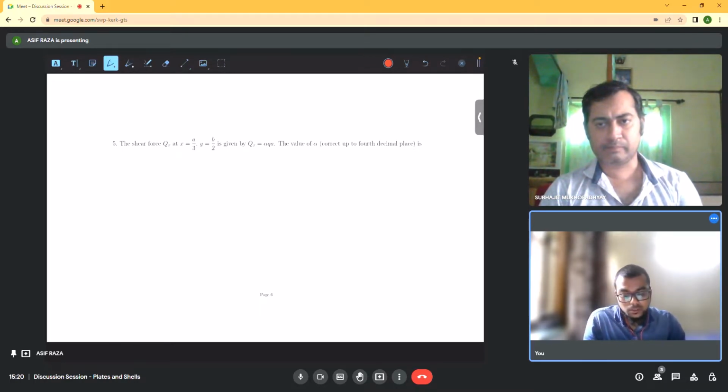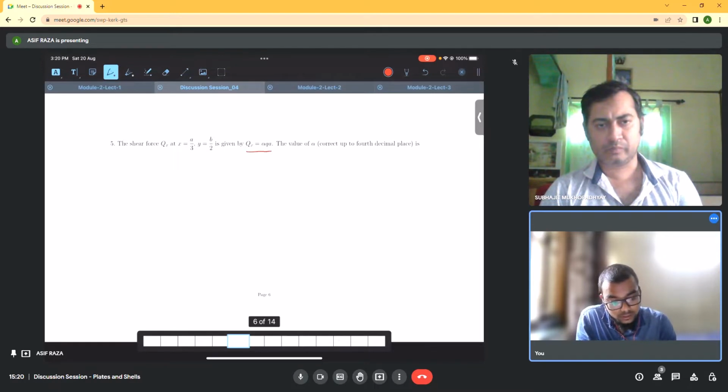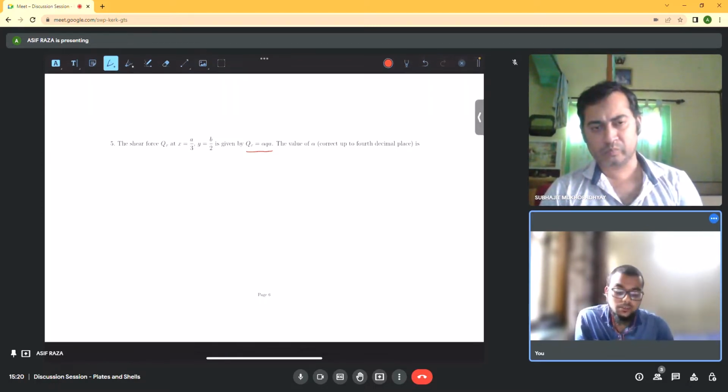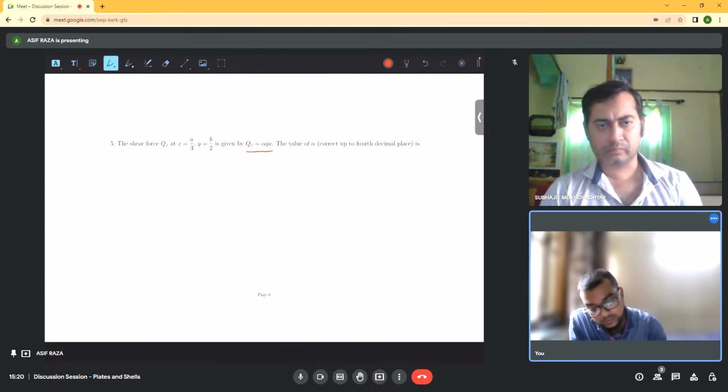So we need to find the shear force at x equal to a by 3, y equal to b, and the shear force Qx is given by alpha times q a, where we need to find the value of alpha to 4 decimal places. And this is similar to what was taught in the class.